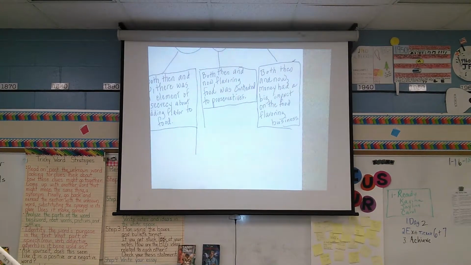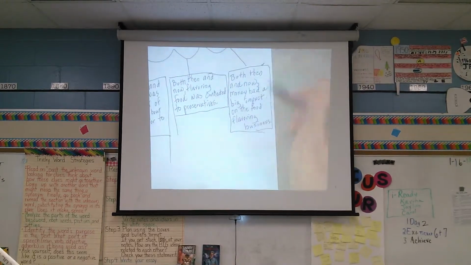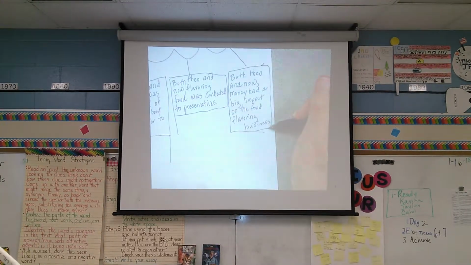You're going to talk about how flavoring food is connected to preservatives today, and how the flavoring of food was connected to preservatives in the 1400s. If you talked about money, you're going to talk about competition and profits in flavoring food today, and profits and competition in flavoring food in the past.